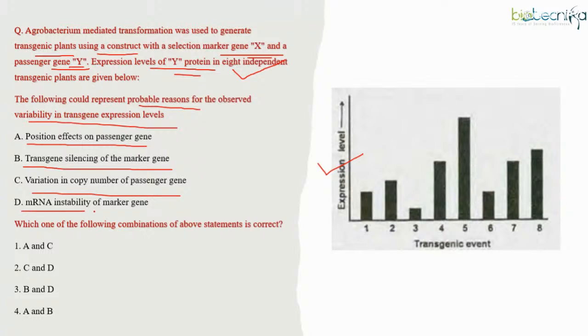Or mRNA instability of marker gene? So what could be the ultimate reason behind this variability? Find out. What is the ultimate reason behind this variability which you see in this graph?